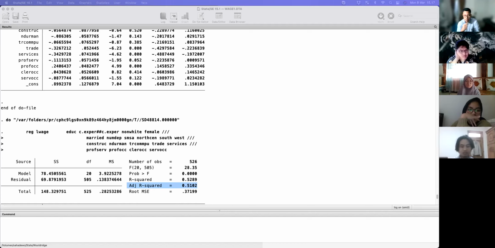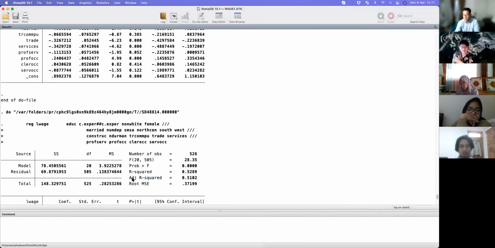The adjusted R-square increases if and only if the t-statistic of a newly added regressor is greater than 1 in absolute value. In fact, it could also take a negative value. And in this case, the adjusted R-square is very close to the R-square.